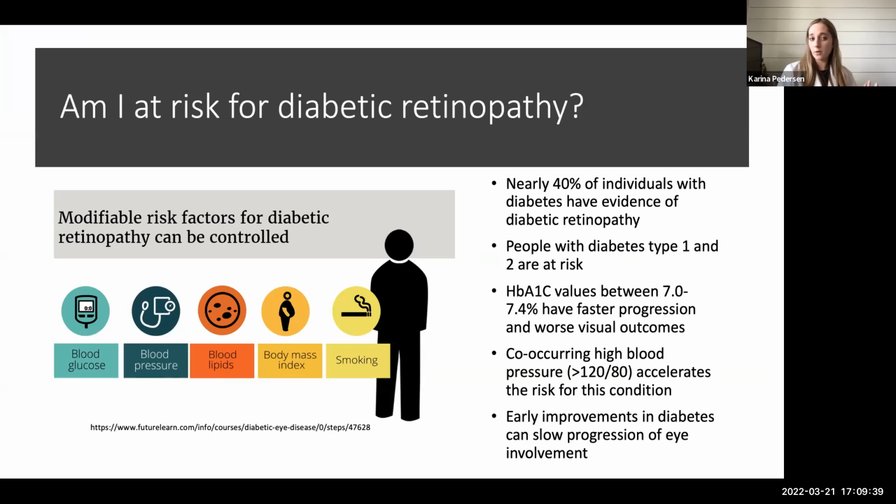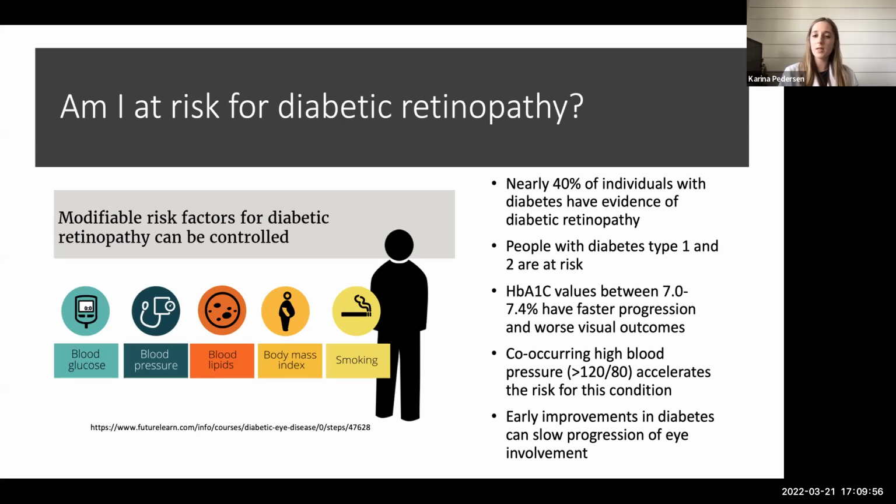So are you at risk for diabetic retinopathy? Nearly 40% of individuals with diabetes have evidence of diabetic retinopathy if you are over the age of 40. Like I mentioned earlier, people with diabetes type 1 and type 2 are at risk.